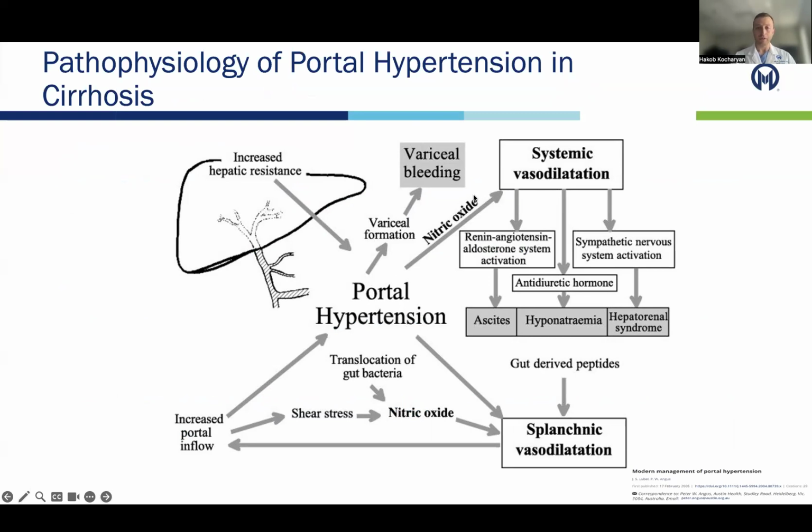This is causing increased systemic nitric oxide production, systemic vasodilation, starting the renin-angiotensin system, the sympathetic nervous system activation, and the body is causing some ascites and hyponatremia and hepatorenal syndrome through these compensatory efforts. Eventually, you get splanchnic vasodilation, increased portal flow, exacerbation of portal hypertension, resulting in variceal bleeding.